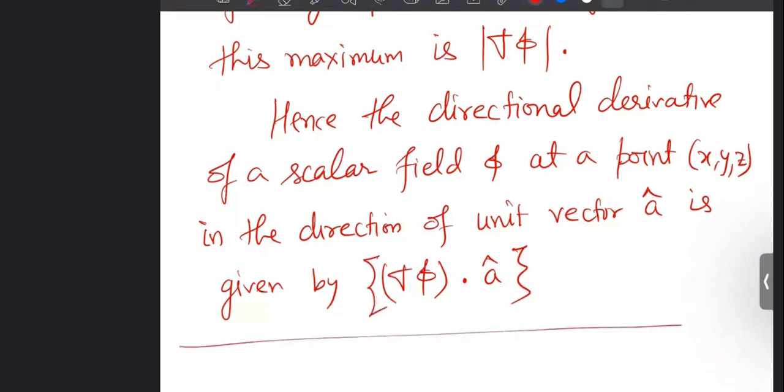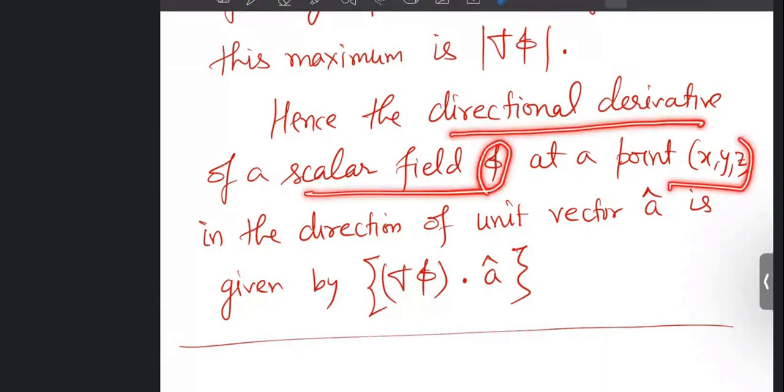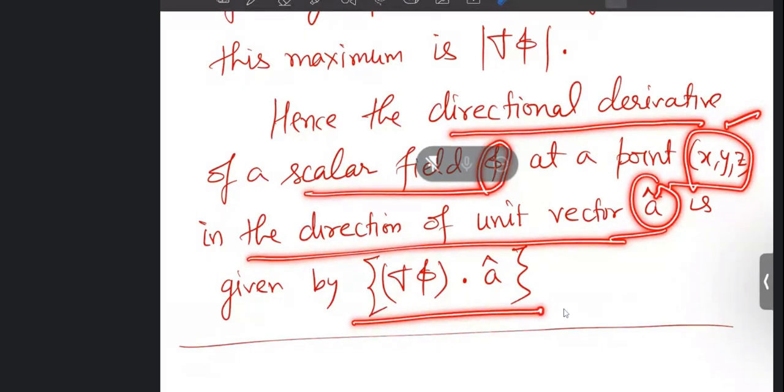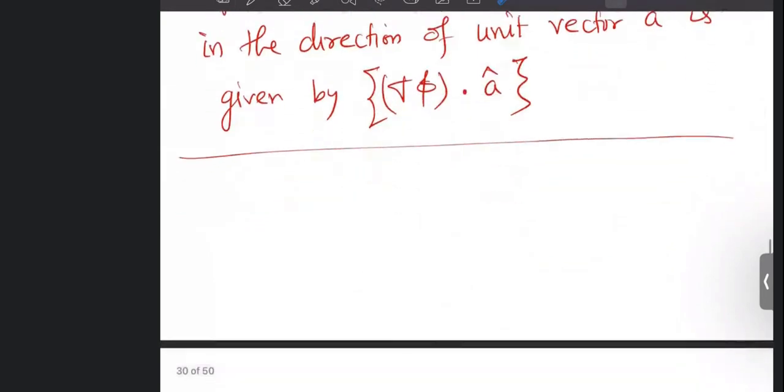This is the calculation way for the directional derivative of a scalar field phi at the given point x, y, z in the direction of a unit vector. This is equal to del of phi dotted with a unit vector in the direction in which the directional derivative is to be obtained. This is the calculation way to find the directional derivative.